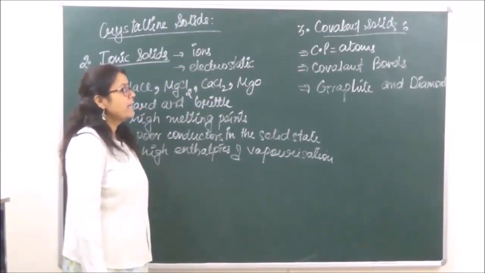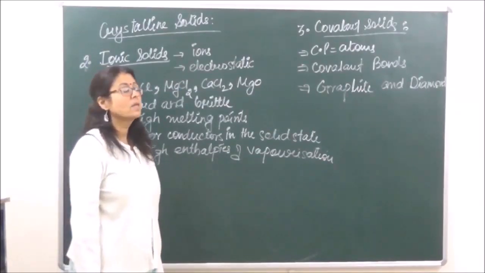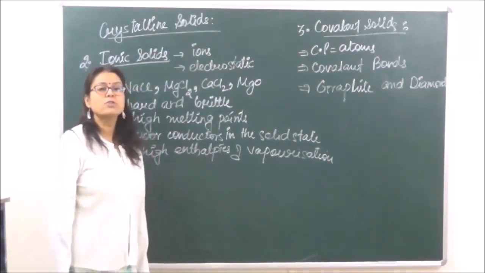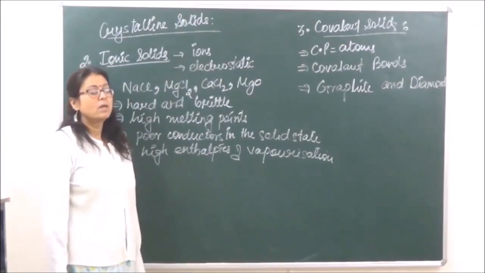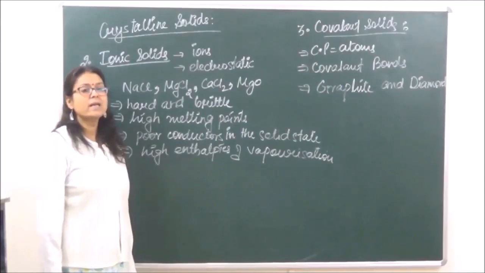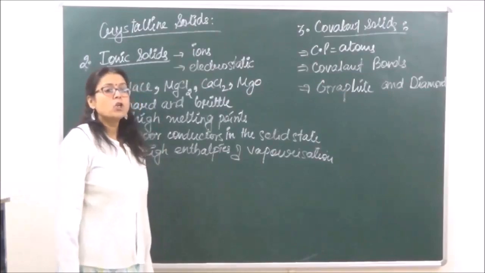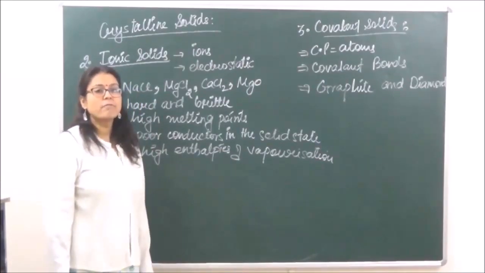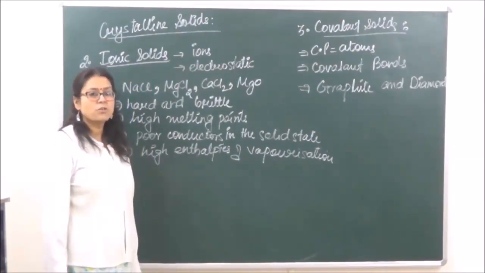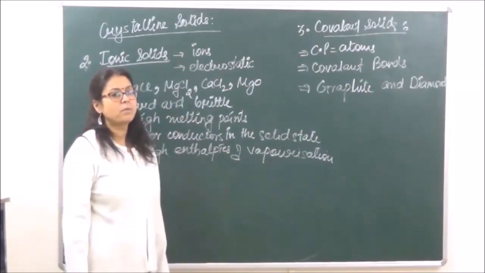In graphite, each carbon is covalently bonded to 3 other carbon atoms, whereas in diamond, each carbon atom is covalently bonded to 4 other carbon atoms. Graphite has sp2 hybridization and diamond has sp3 hybridization, as a result of which, because of one free electron, graphite is the only non-metal which is a good conductor of electricity. Diamond is a bad conductor of electricity because no free electron is present.